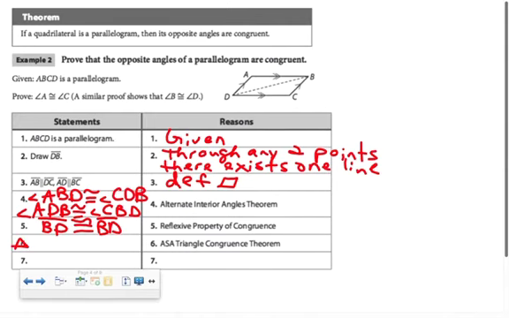These triangles are congruent, ABD and CDB. And this time, we're using this to say that angle A is congruent to angle C, but we're still using CPCTC. So I hope that you're starting to notice that some proofs, when we're dealing with parallelograms, will start to look a lot alike.